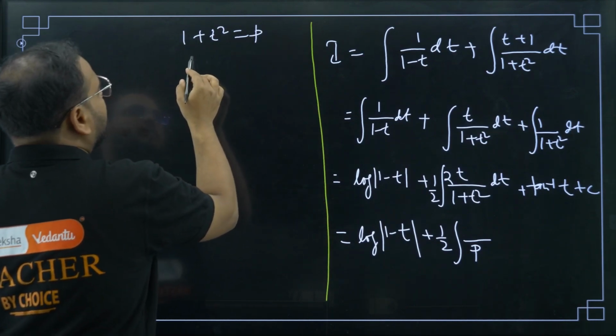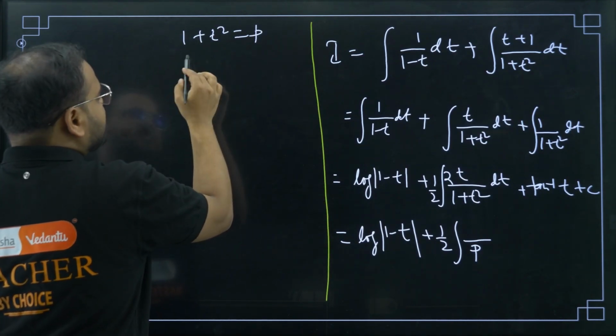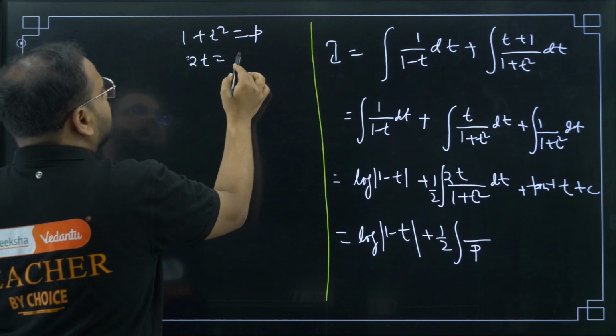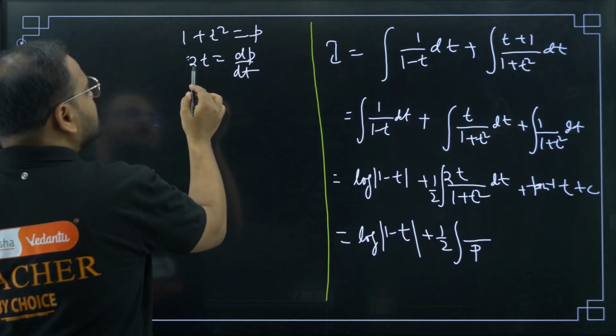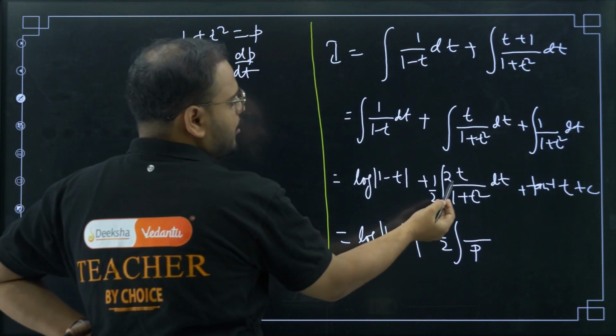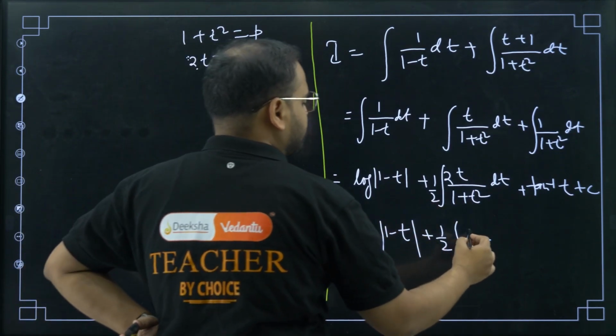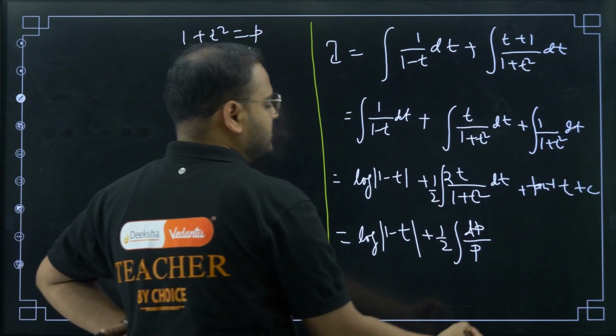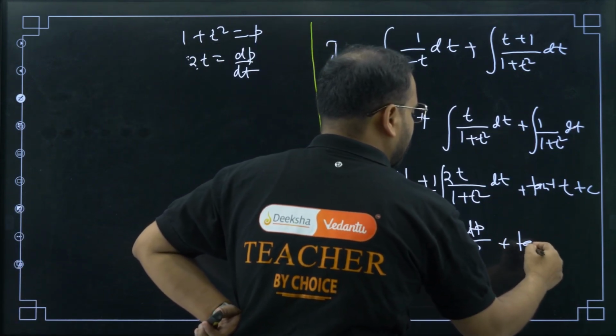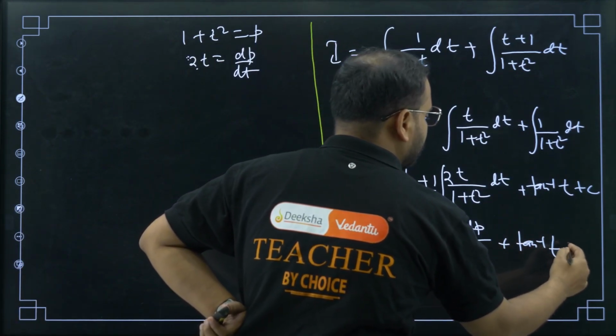If I differentiate it, it's going to be 2t equals dp by dt. So 2t times dt will be simply dp. Plus tan inverse of t plus c.